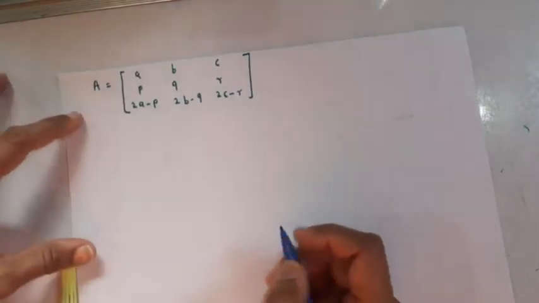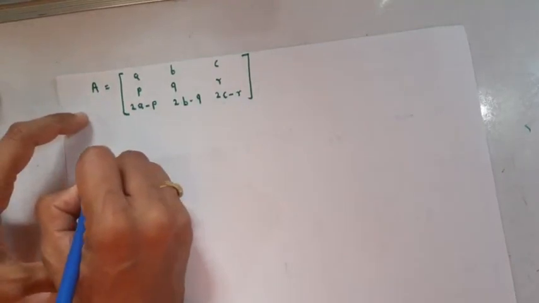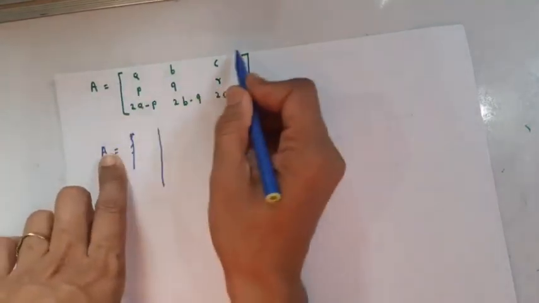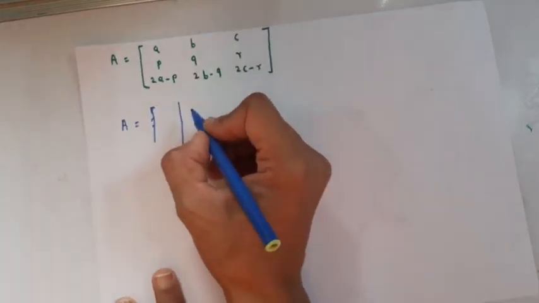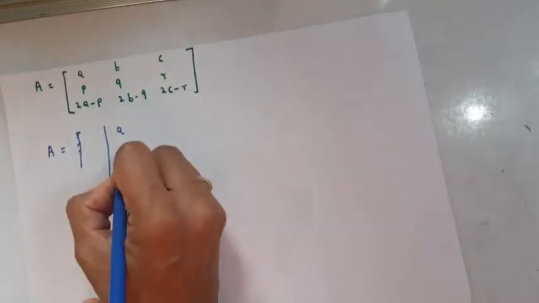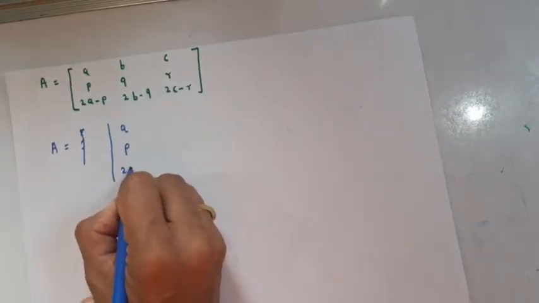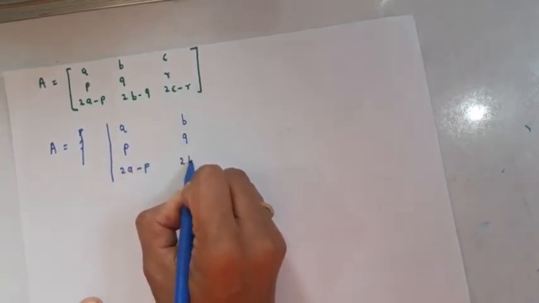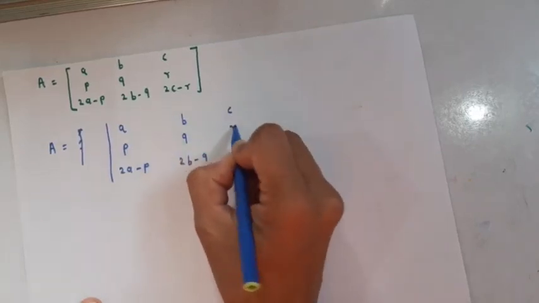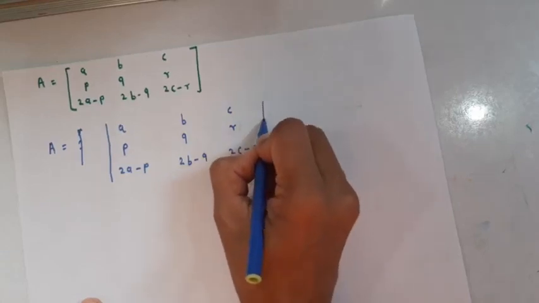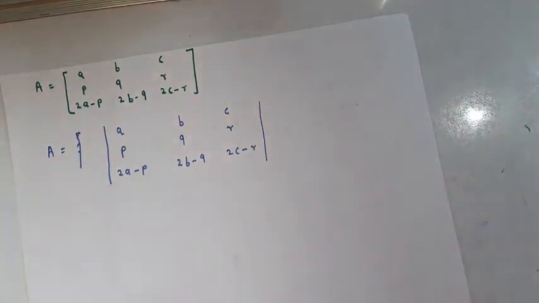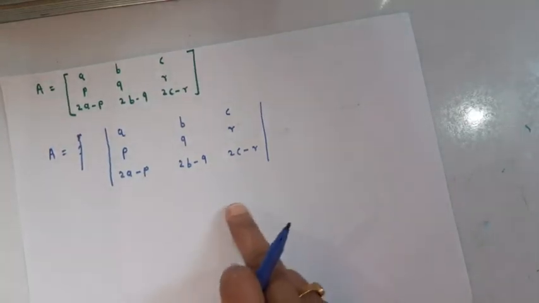Let us find the determinant value of A. Replace brackets by vertical lines, and that is equal to the determinant with rows A, P, 2A minus P; B, Q, 2B minus Q; C, R, 2C minus R. Now by using some properties of determinants we have to simplify it.